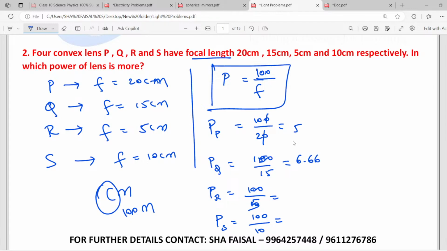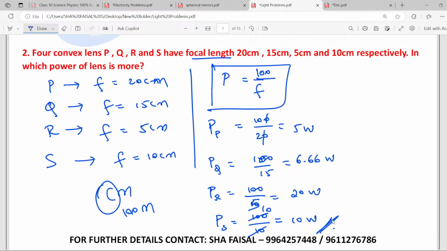So power is given in, what is power? Watt. So 100 by 5 is 20, and 100 by 10 is 10 watt.